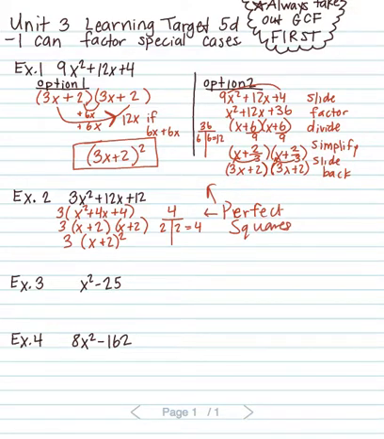All right, example 3. Looks a little bit different because there's only two terms. That middle term is what we're missing because we don't have just an x thing. So if it helps you to write in the 0, go for it. Since our a value is 1, we know we're going to put x and x.